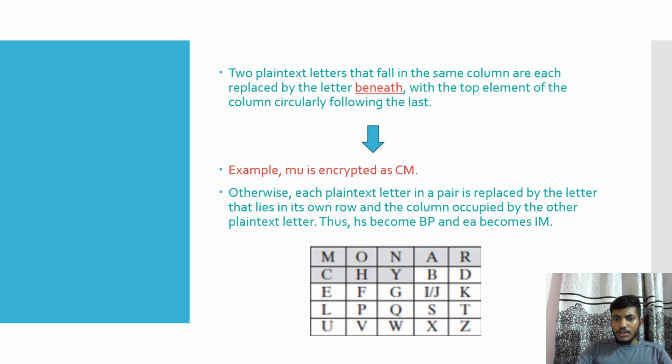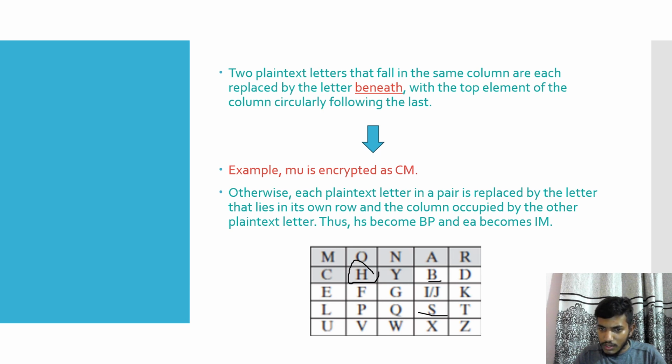Otherwise, each plain text letter in a pair is replaced by the letter that lies in its own row and the column occupied by the other plain text letter. Thus, HS, H and S, are replaced by B and P, and E and A become I and M. See here it is the H, and here it is S. So it has become BP.